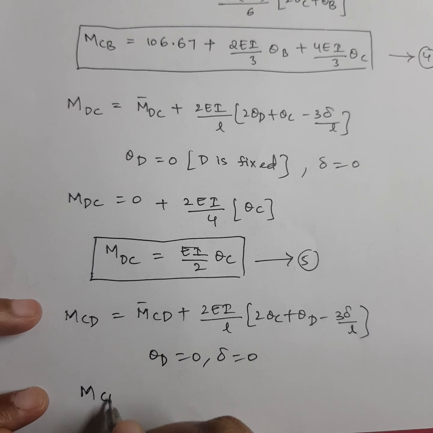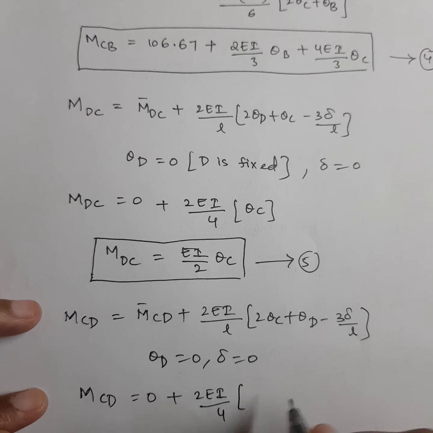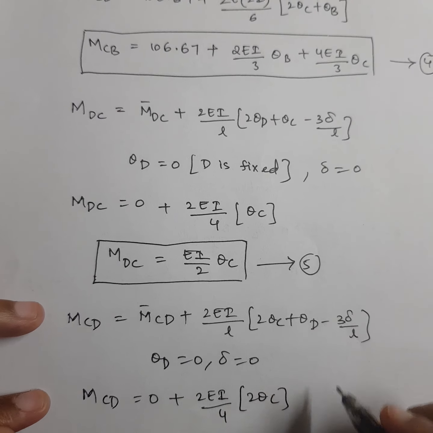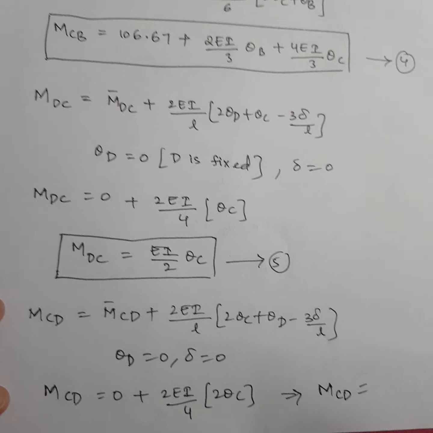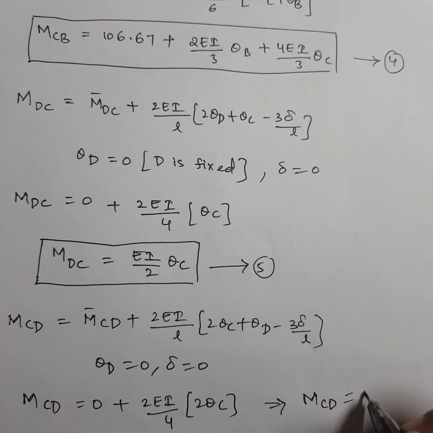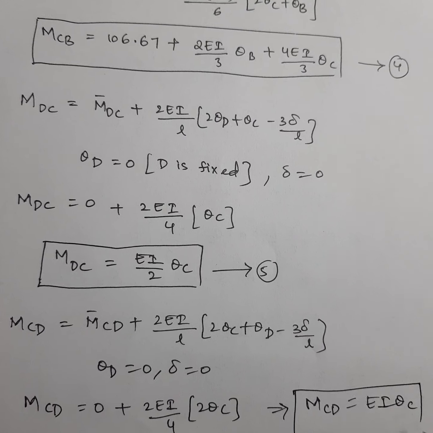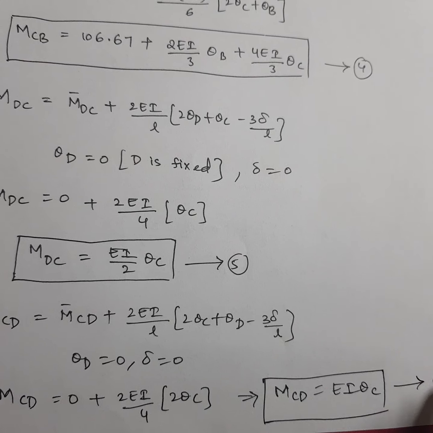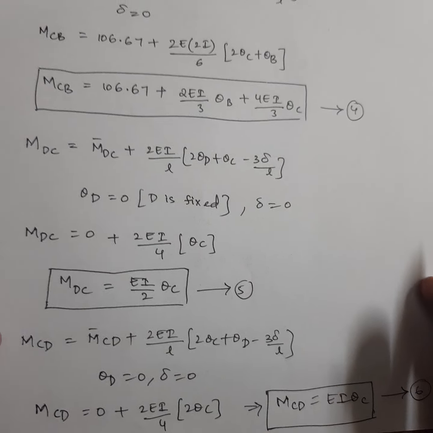So MCD is equal to 0 plus 2EI by 4 into 2 theta C. And finally, MCD will give us EI theta C. Okay, this will be our equation number 6. So with this step, we are done with writing all the 6 slope deflection equations.